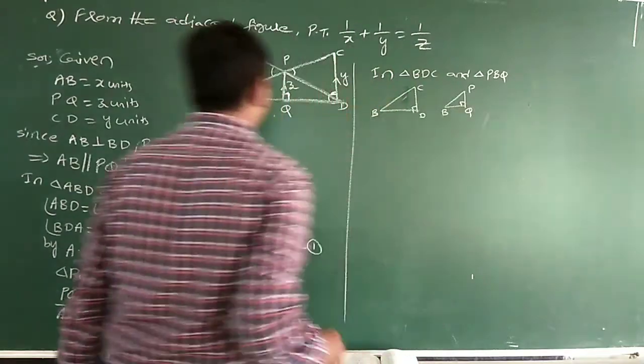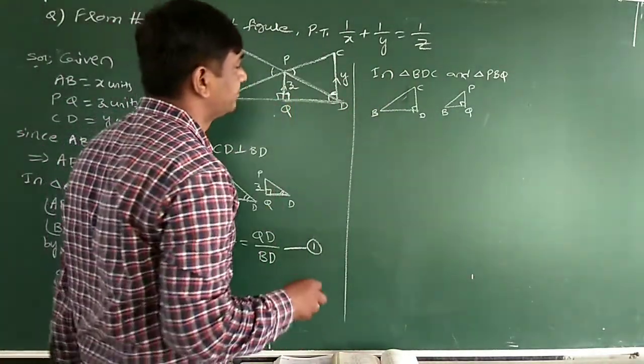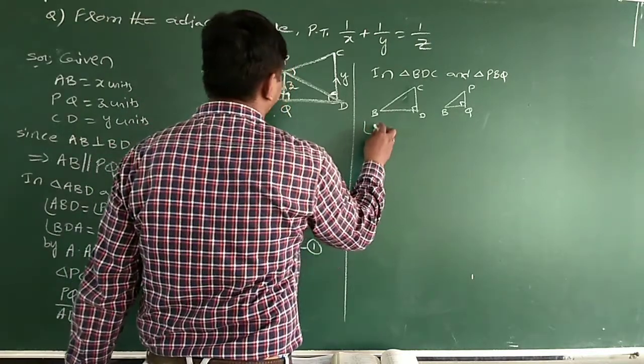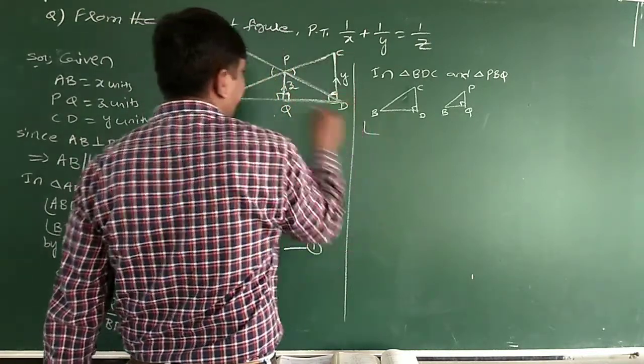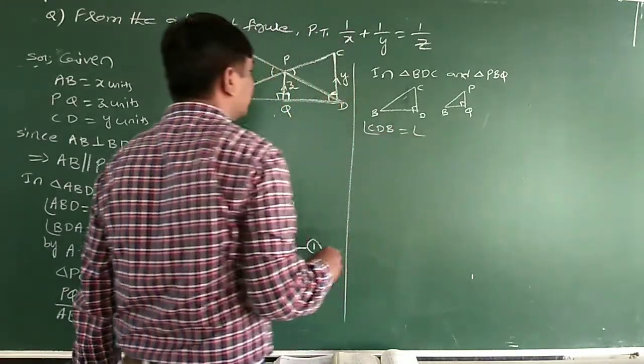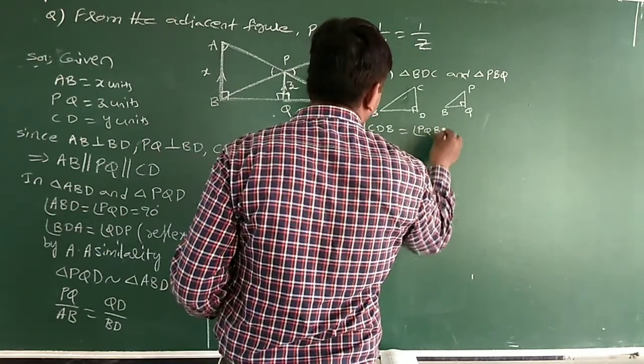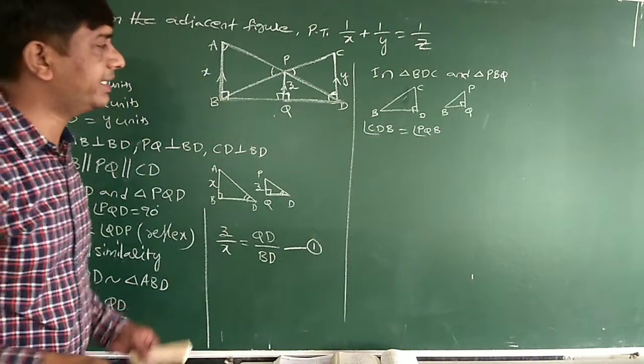This angle is 90 degrees. This is 90 degrees, perpendicular. Angle CDB is equal to angle PQB, because there is 90 degrees.